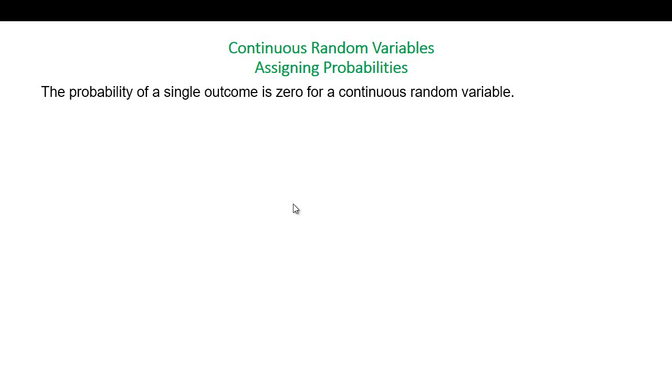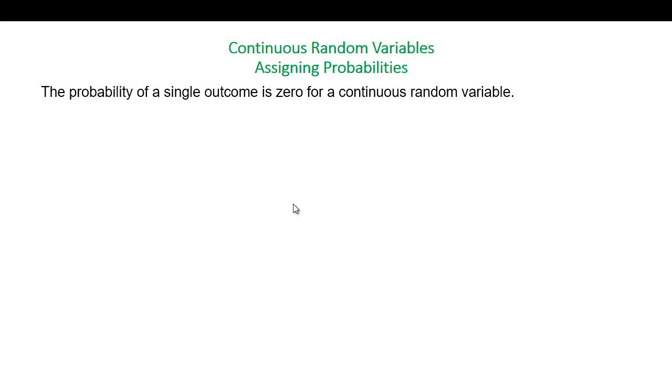For example, let's say that we are studying the height of a population, and so then x here is a continuous random variable, because the height can take on any value, any non-negative real number, so height can take on any positive real number.